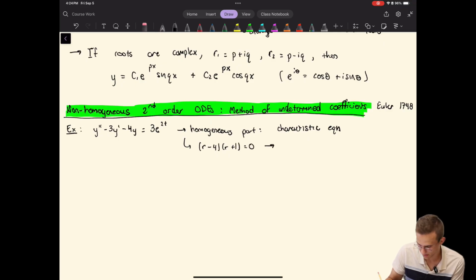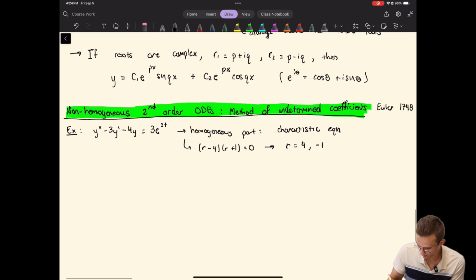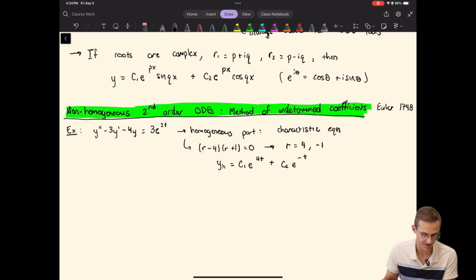So our two roots are r equals 4 and minus 1. Okay, so then the homogeneous part yh is equal to c1 e to the 4t plus c2 e to the minus t. Okay, so that's the homogeneous part of the solution.